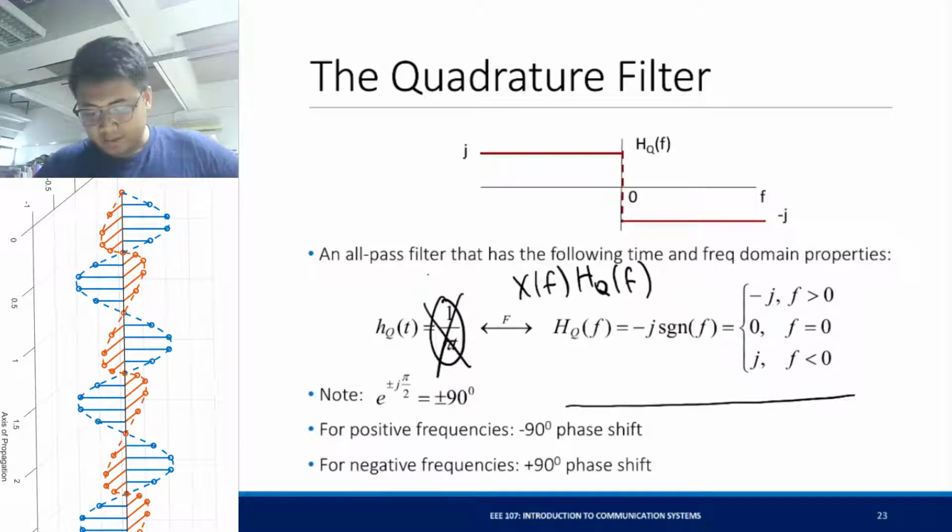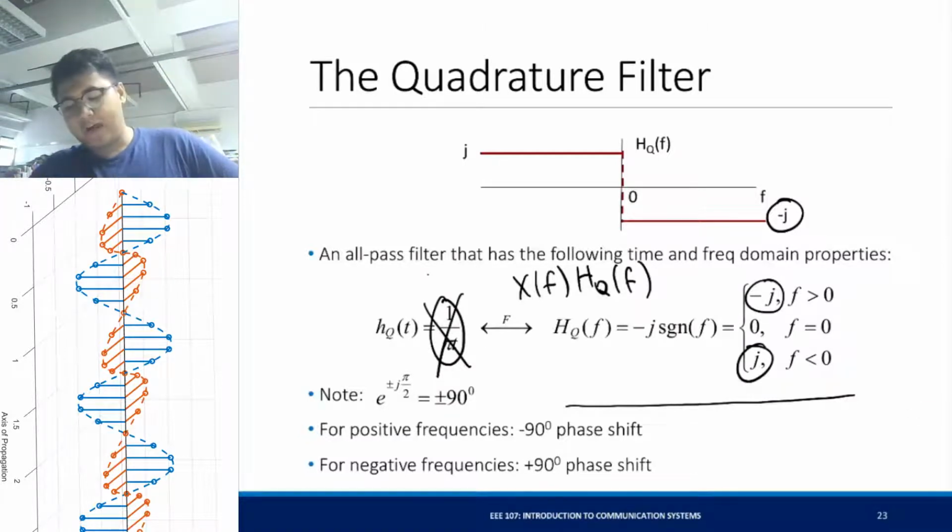So for positive frequencies, you observe a 90 degrees phase shift because of this negative j right here. For negative frequencies, you have a positive 90-degree phase shift because of the positive j right here. Right. And this is what happens when you use a quadrature filter.